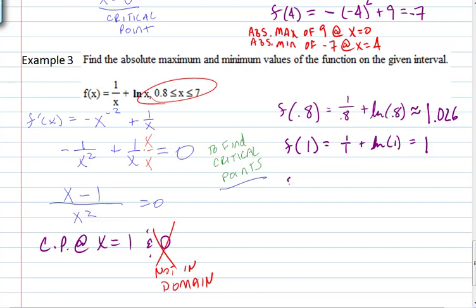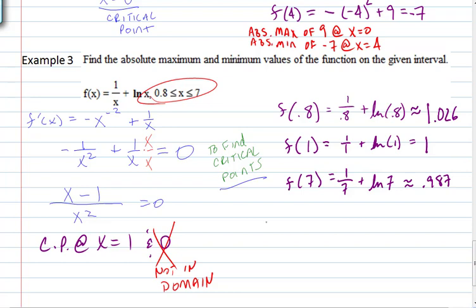Okay. And then we've also got to check f of 7. So that's going to be 1 divided by 7 plus the natural log of 7. And that's approximately what? 0.987. Okay.